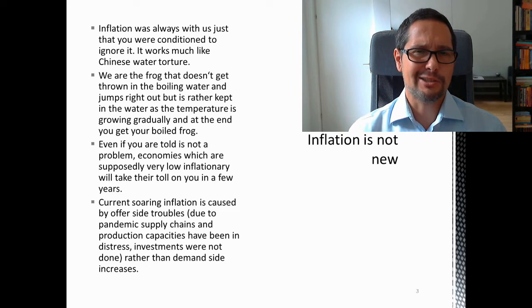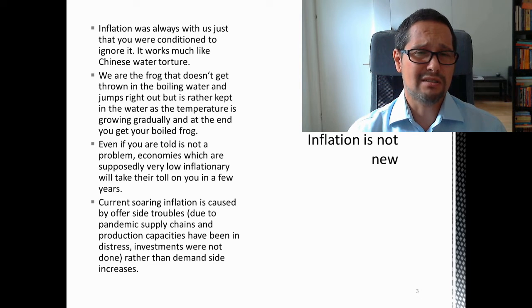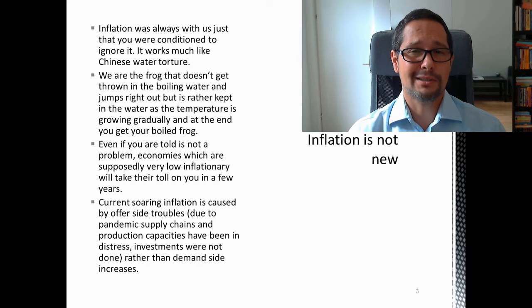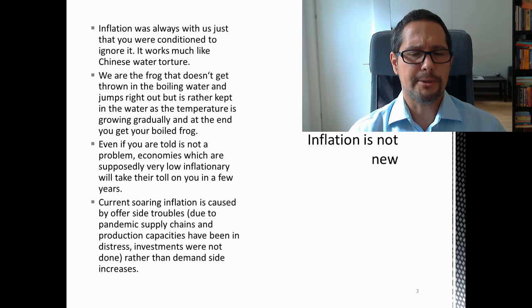You are getting boiled slowly but surely. If you are told that there is absolutely no problem and that the inflation is anyway very low, even in these stable economies, over longer periods, if you wait long enough and you increase the temperature of the water till you reach the boiling point, it will take its toll.